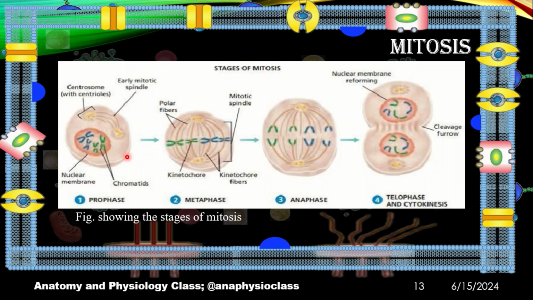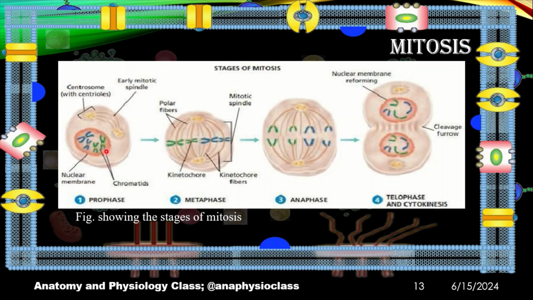So in prophase, you have to take note that prior to cell division, the cell replicates its DNA to produce twice the normal amount of DNA, which means that DNA that is originally capable of producing 23 pairs of chromosomes will now be replicated so as to produce DNA that is capable of producing 46 pairs, not 23 pairs, of chromosomes before cell division, that is at the phase of interphase.